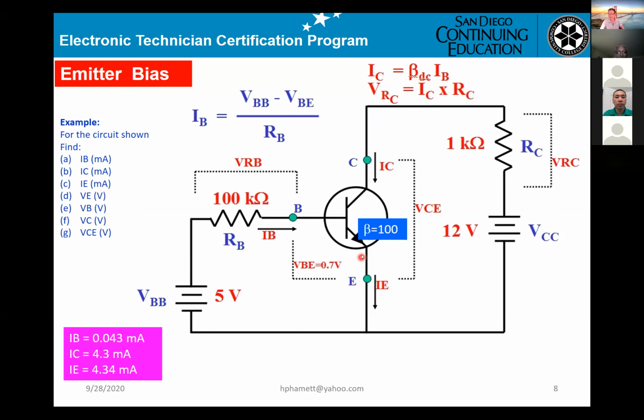That means from here to the root. I didn't see they give it to you. VE equals 0.